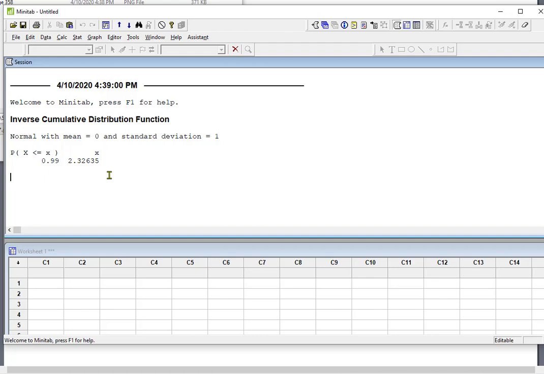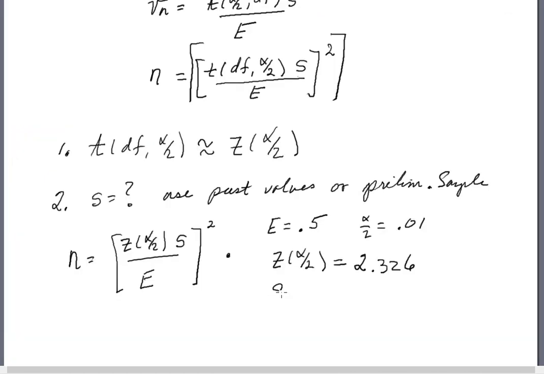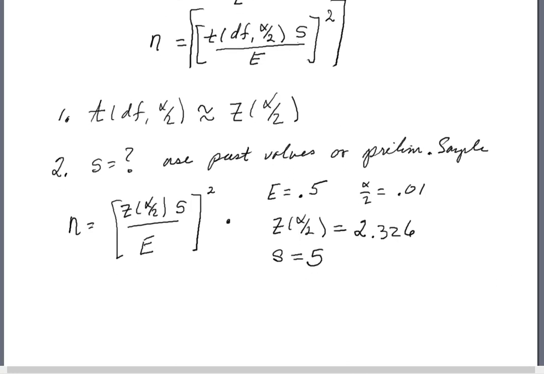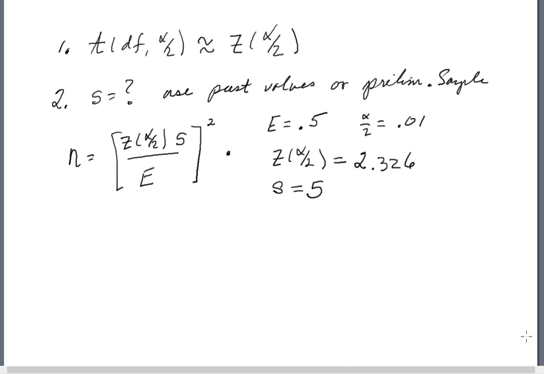So that's how we find the critical values in the area under curves. And we did a preliminary small sample survey. I'm making this up, but suppose we did that and we found that S was 5 pounds. Then I think we've got everything we need to determine n.